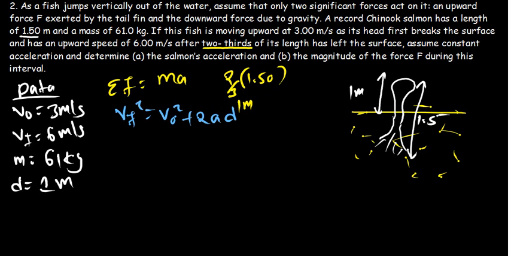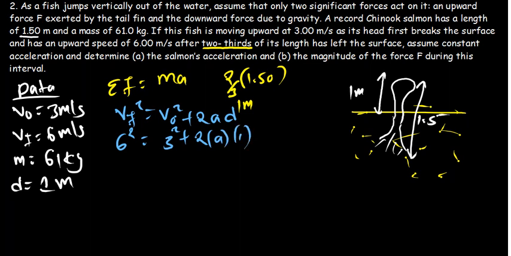So our final velocity is 6 squared, the initial one is 3 squared, plus 2, then the acceleration we don't know, and the distance we know is 1.